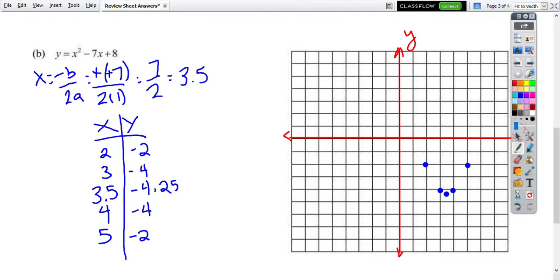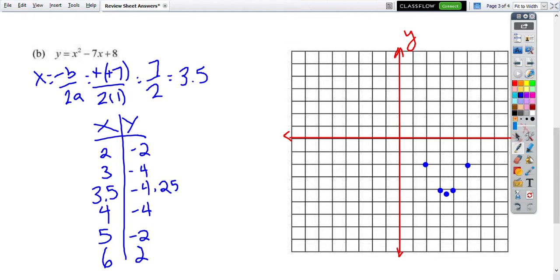Now, I have room. So I know there's probably another point somewhere up here. So what I want to do is go back to the table and see what the next point is. And I can see that after negative 2, it goes to 2, and then it actually goes to 8. So I might be able to fit another point here. If I go to 6, then that point is 2.